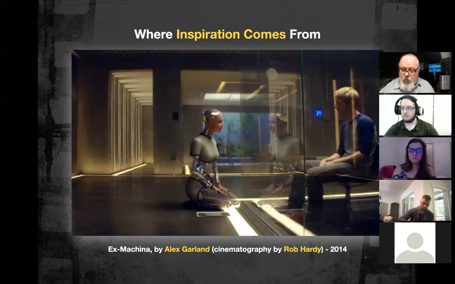And Domhnall Gleeson's character is asked to come out and visit this remote laboratory and home of this mad scientist, essentially, and apply the Robert Turing criteria to this robot to decide if the robot is sentient or not, right?